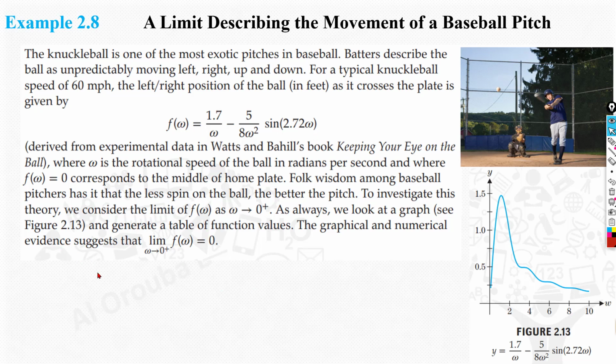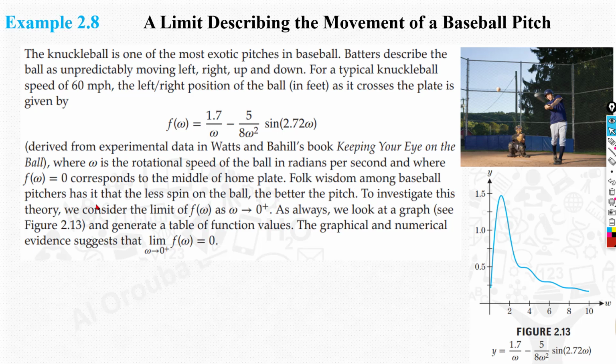Okay, derived from experimental data in Watts and Bahill's book, Keeping Your Eye on the Ball, where omega, the symbol W, sort of, is the rotational speed of the ball in radians per second, and the function, you can consider it just as f of x, equals 0 corresponds to the middle of the home plate.